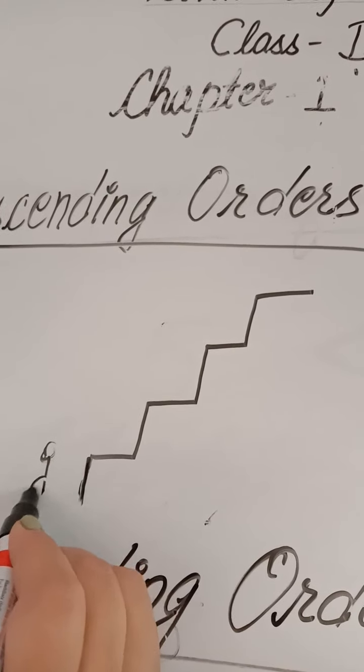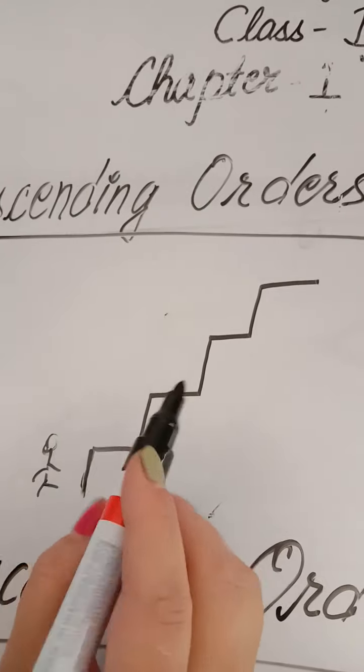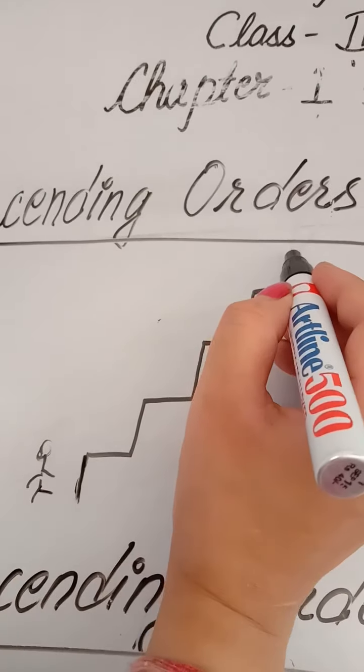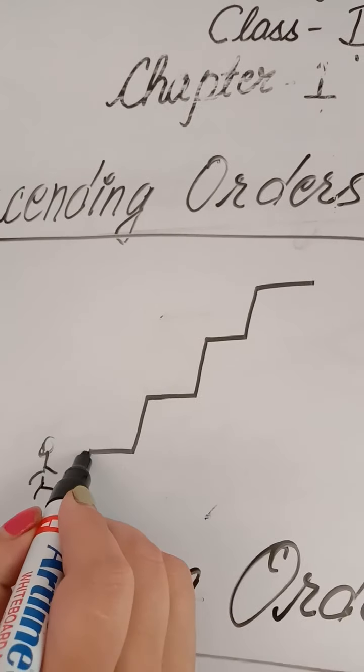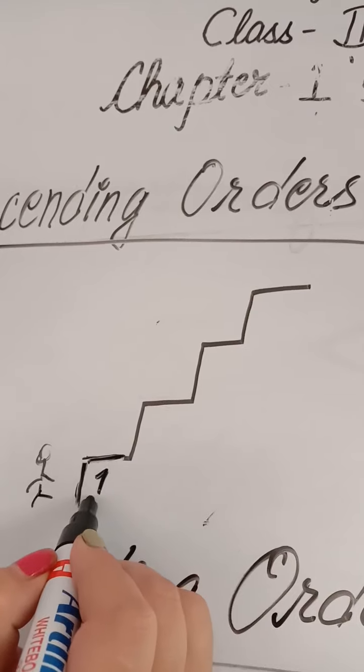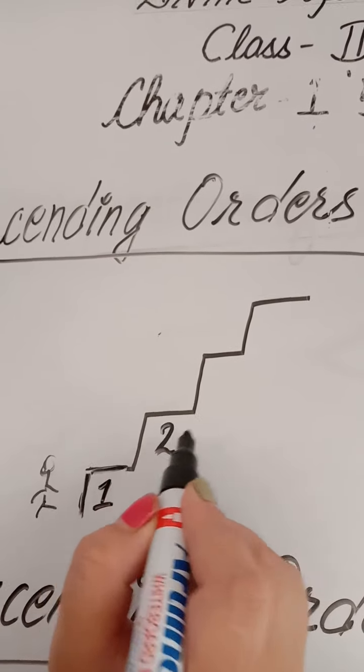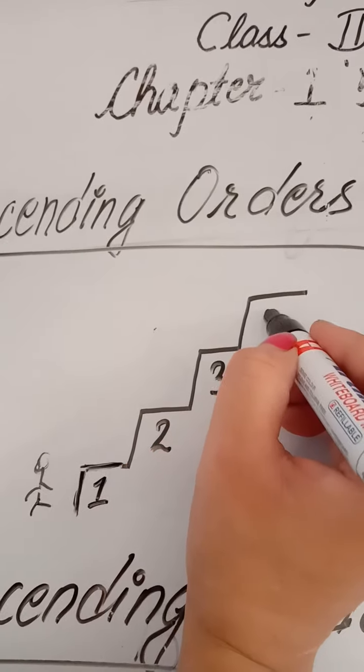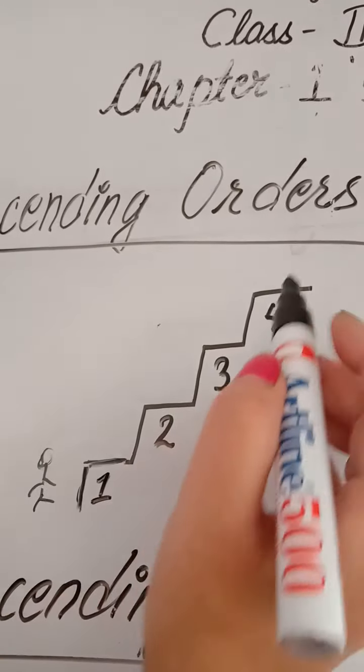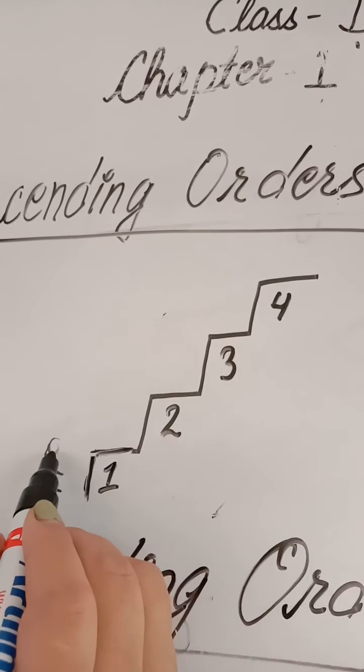There is a boy, okay. There is a boy who wants to go up. Okay, so this is the first step. Okay, step 1, step 2, step 3 and step 4. Okay, and he wants to reach here. Okay, so look at here.